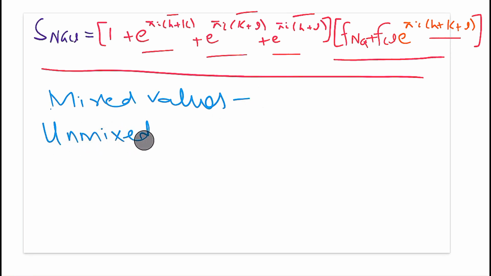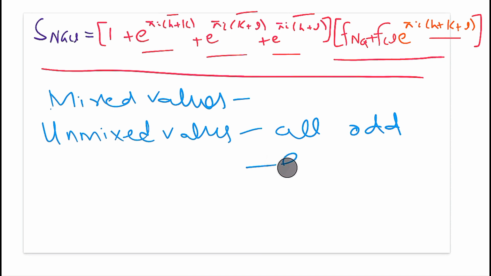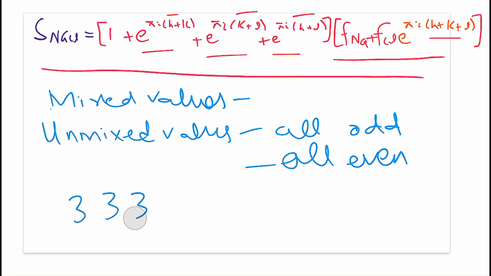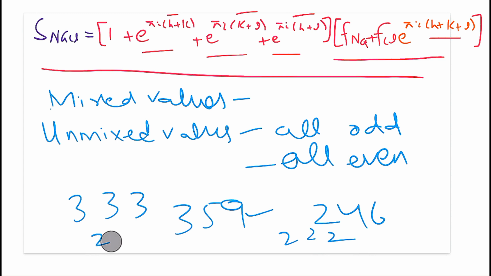By unmixed values, it means that at a time either all HKL values are odd, or all even. This is the situation that we call unmixed values. For example, if they are all odd, like 333 or 3 5 and odd values, this is the unmixed all-odd situation, or all even, like 246 or 222 or 248.